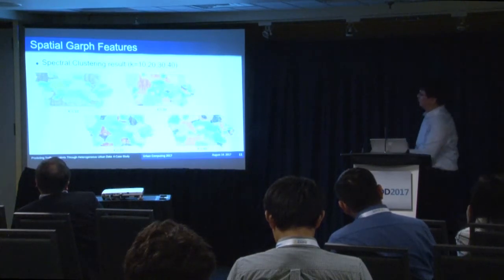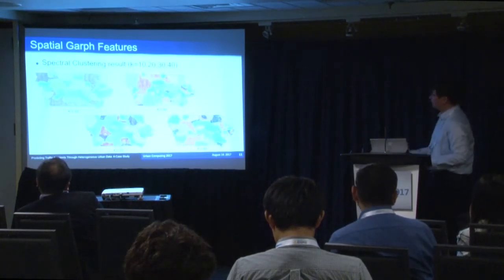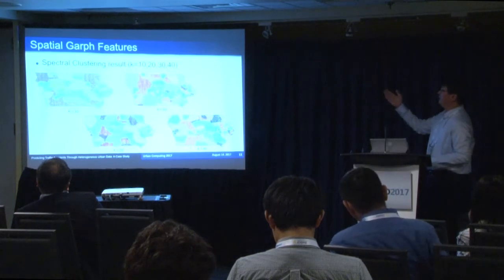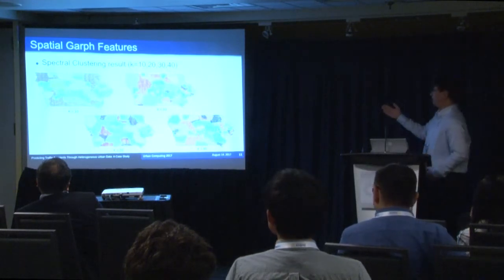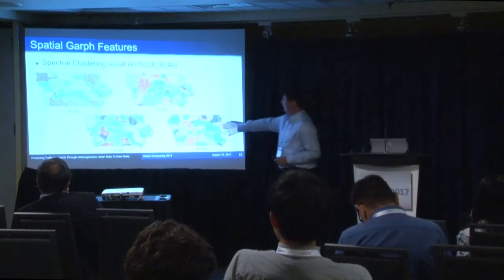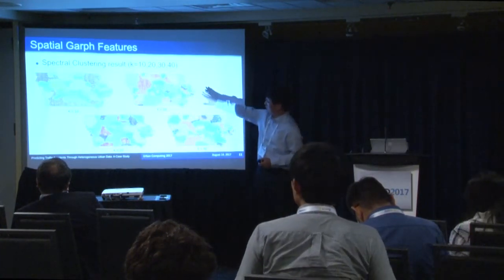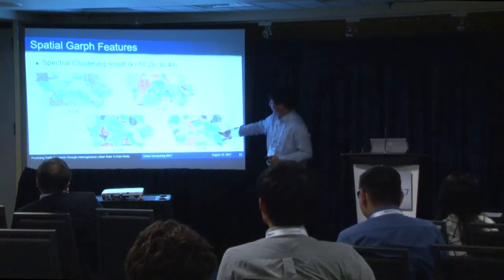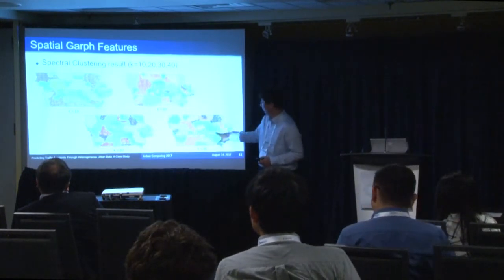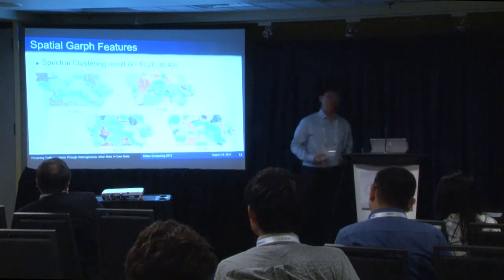This shows you the spectral clustering result using k equals 10, 20, 30, and 40. Actually, in our method, we don't classify them, so the features are numerical. But you can see when we increase the number of clusters, some large cities like Des Moines and Iowa City can be clustered into a single group.